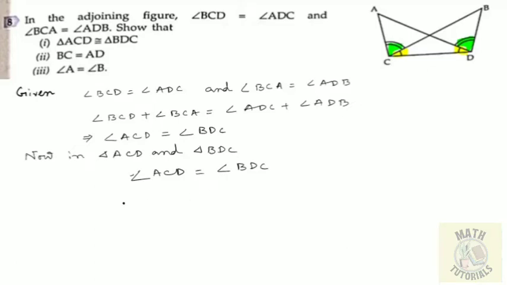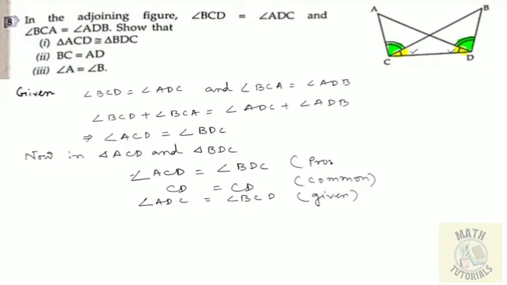Next one, CD is common to both of them, so we write CD is equal to CD, and the last one is angle ADC, this angle ADC is equal to angle BCD. This is given, and CD is common, and this I have already proved, so here I write proved.